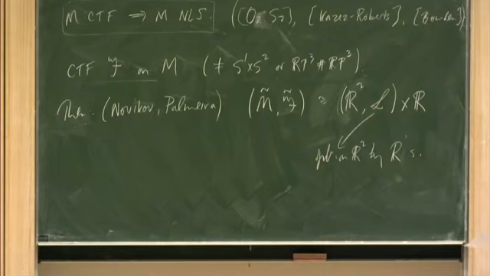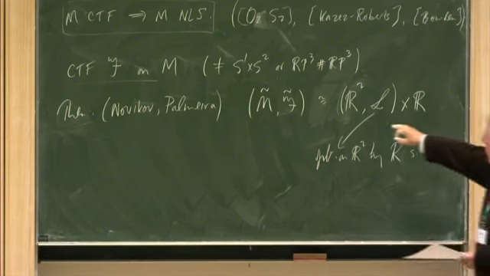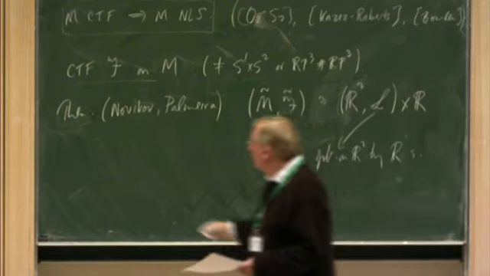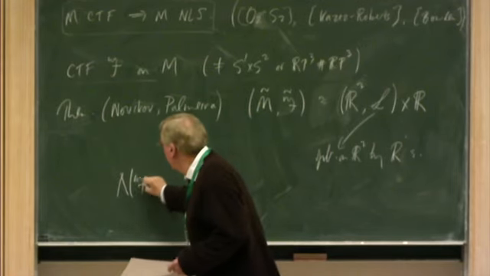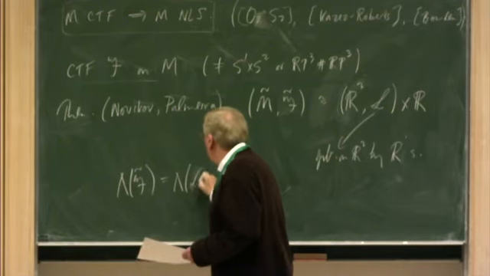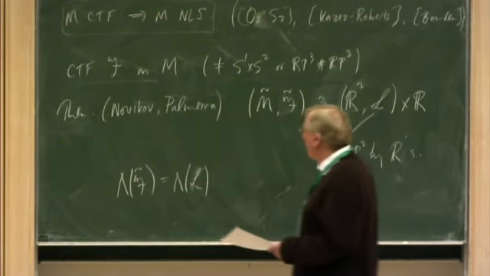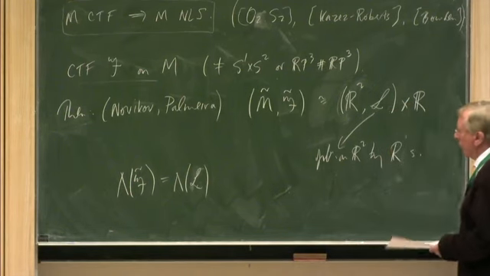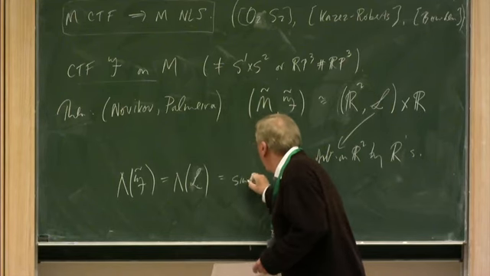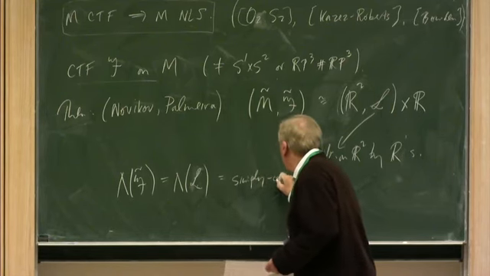You can see then that the leaf space of F tilde is the leaf space of this, and it's pretty easy to see that it is a simply connected one-dimensional manifold.